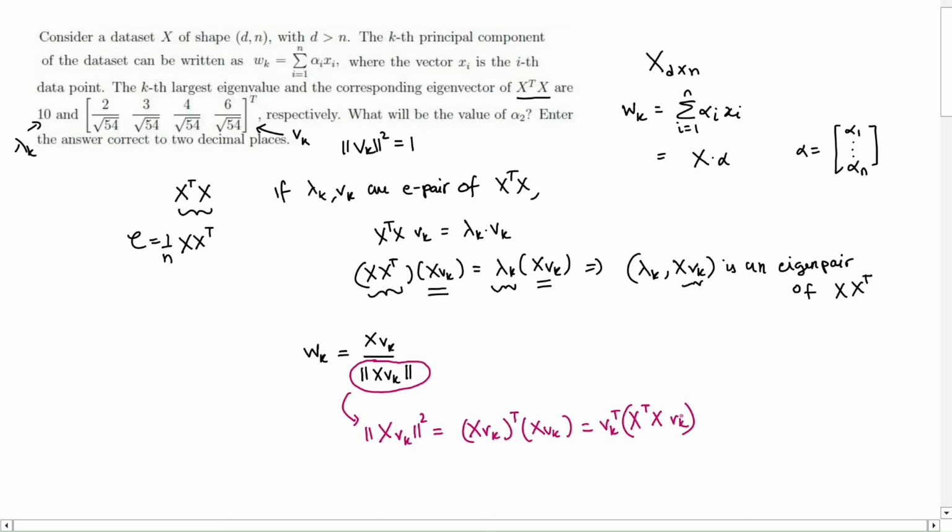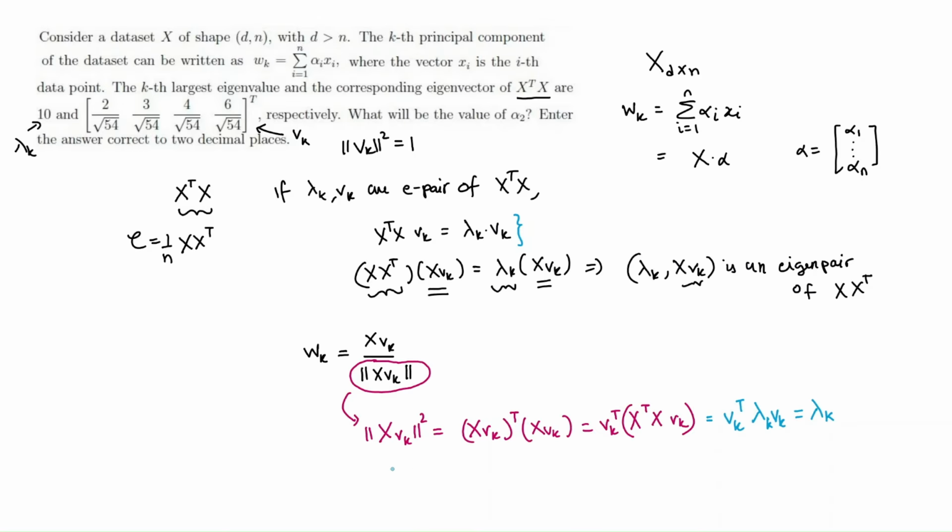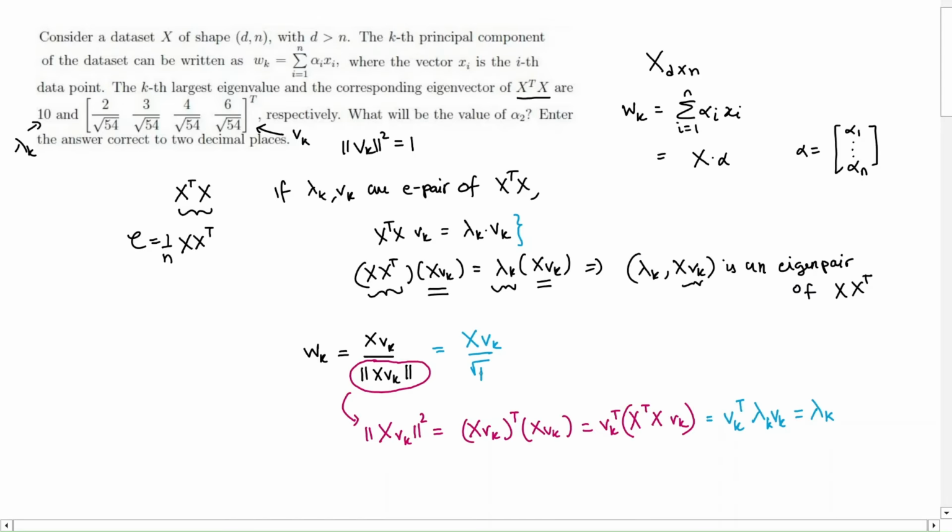Now this entity here is the same as lambda times vk, which follows from this equation here. So this is equal to lambda k, because vk transpose vk is also equal to 1. So what I have observed is that norm of X vk square is lambda k, which means that the norm of X vk is equal to under root of lambda. So this entity turns out to be X vk by under root of lambda k.